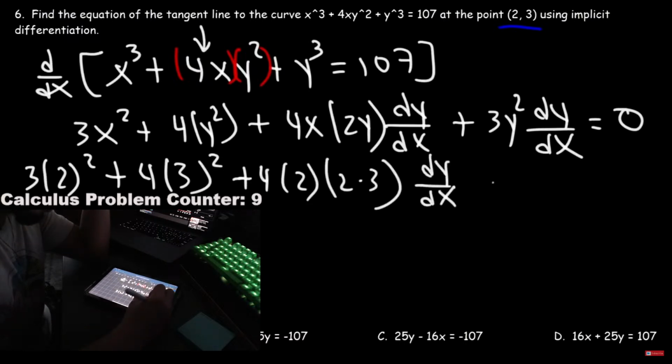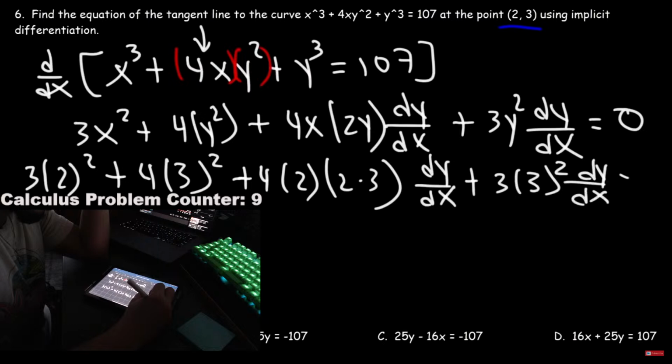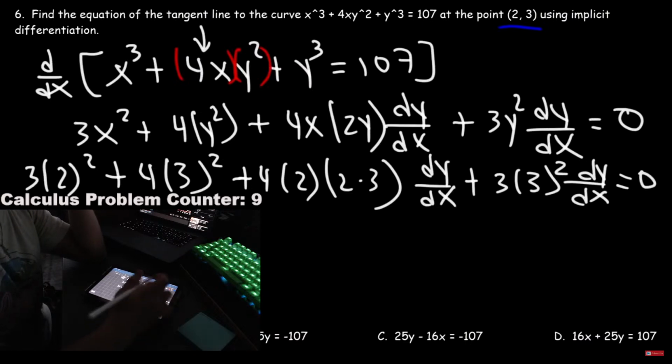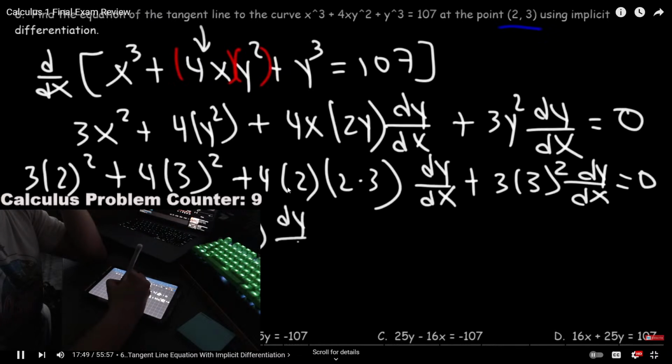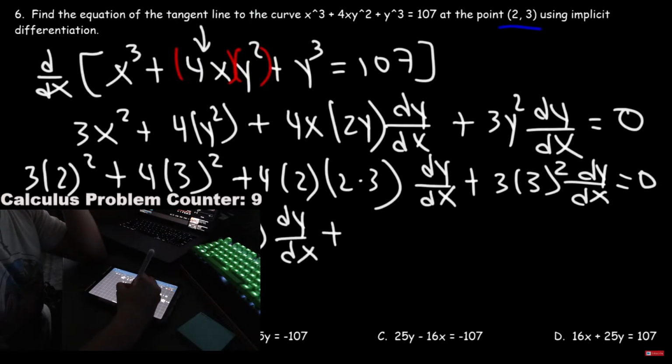And then let's calculate the value of dy dx. Two squared is 4 times 3, that's 12. 3 squared is 9 times 4 is 36. 4 times 2 is 8. 2 times 3 is 6. 3 squared is 9 times 3, that's 27.